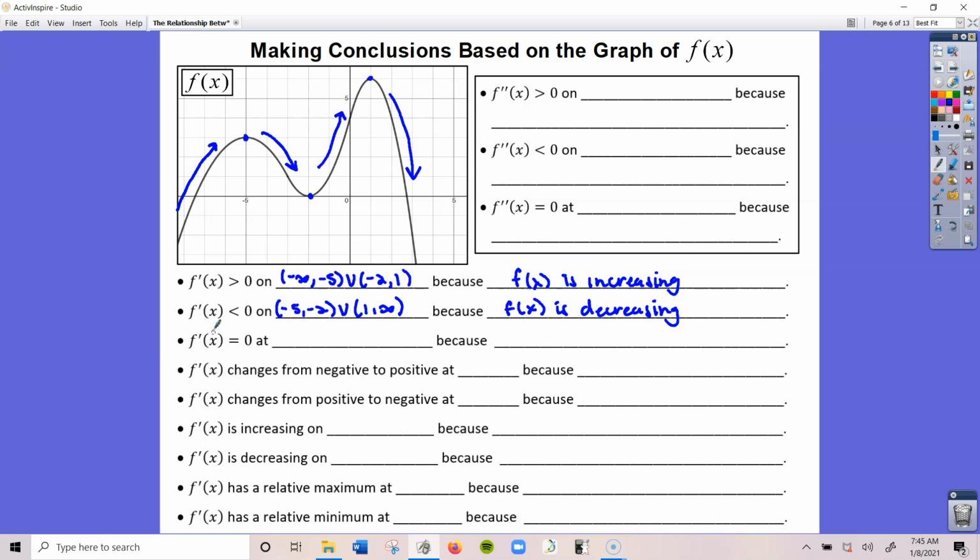Now, when is f prime of x equal to 0? f prime of x is equal to 0 at any extrema, so at these points. So f prime of x is equal to 0 at x is equal to negative 5, negative 2, and 1, and we would say because f of x has extrema.